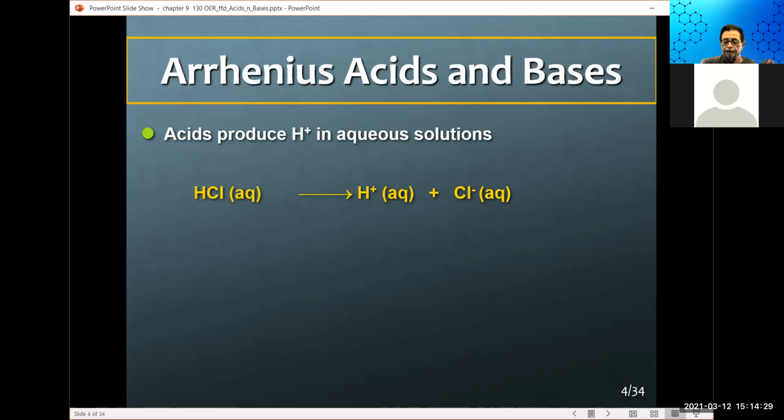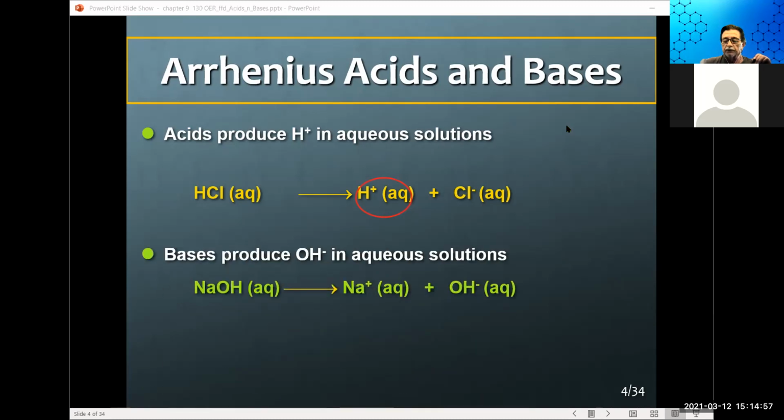Now, the first definition is called the Arrhenius definition of an acid or base. Arrhenius was a scientist who lived a long time ago. He determined that any compound that produces a proton, which is right here, is by definition an Arrhenius acid.